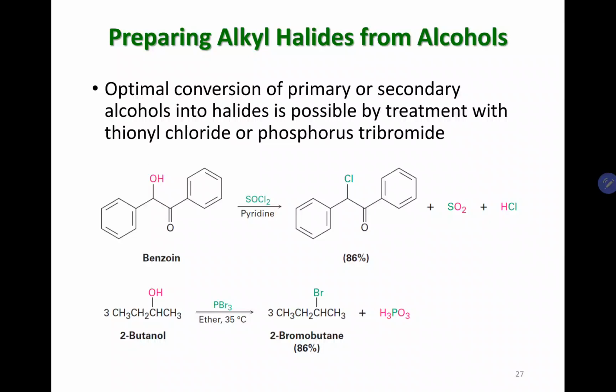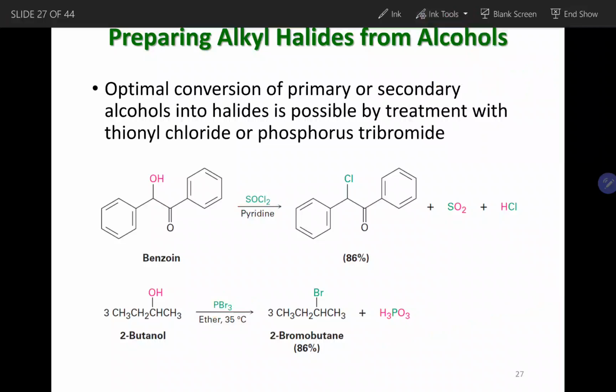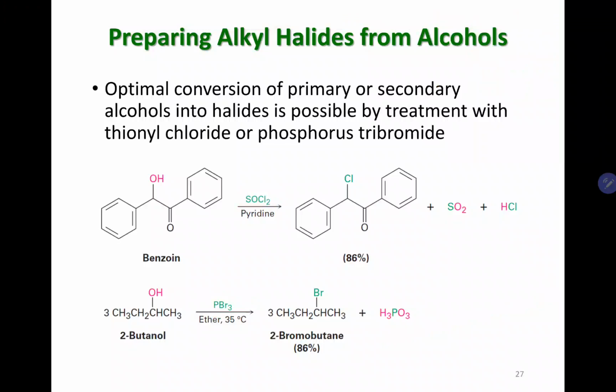So what if you have a primary or a secondary alcohol? If you have a primary or secondary alcohol, the better way to synthesize an alkyl halide is to use reagents such as SOCl2 or PBr3. By using these specialized reagents, you can replace the OH group with a chlorine or a bromine, depending on the reagent that you use.